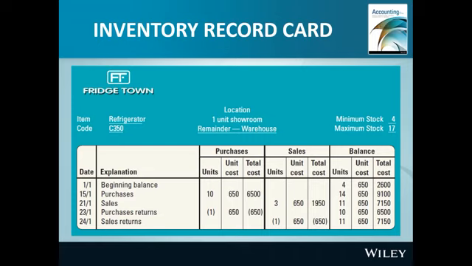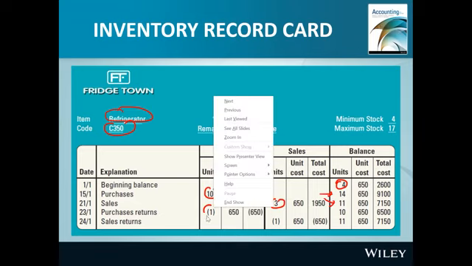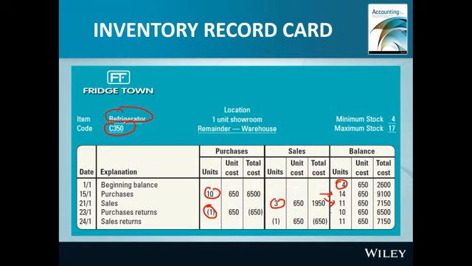This is an example for one item, a refrigerator. The code is 6C350. If you notice, the balance is 4. You purchase 10, the balance becomes 14. When you sell 3, the balance becomes 11. When you return items to the supplier, this is a purchase return, and the balance is reduced to 10.